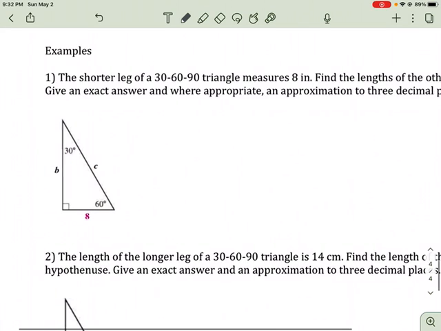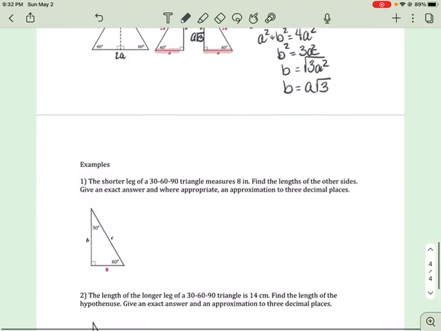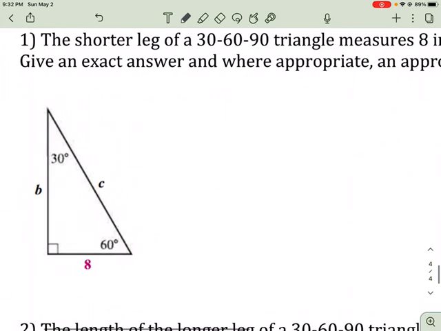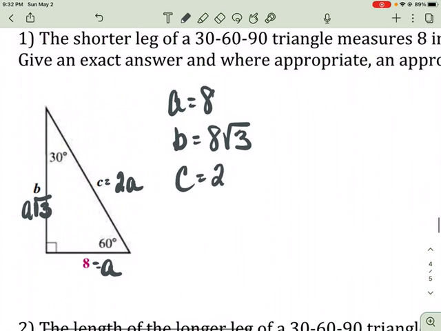All right, so let's look at our relationship here. We know that C is going to be 2A, and B is A square root of 3. Okay, so 8 is A. So A is 8, B is 8 square root of 3, C would be 2 times 8, or 16.